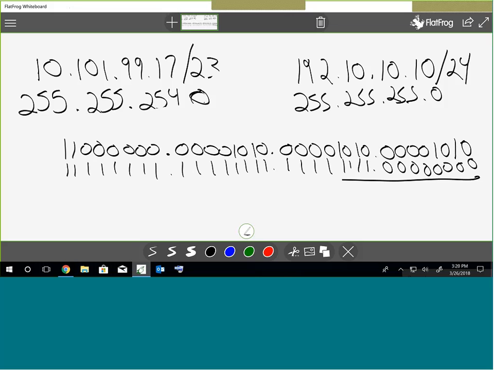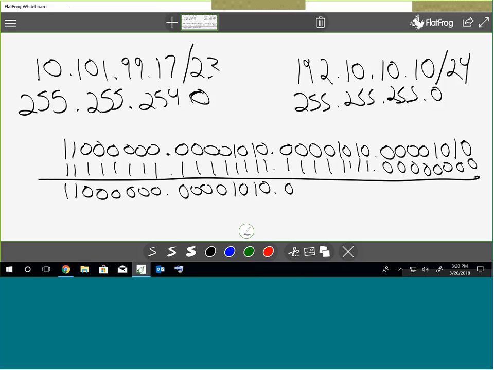All right, so we took the IP address 192.168.10.10/24, and we took the mask associated with that address, and now we're going to AND it. What falls out is the IP address 192.168.10.0, which is the network address.